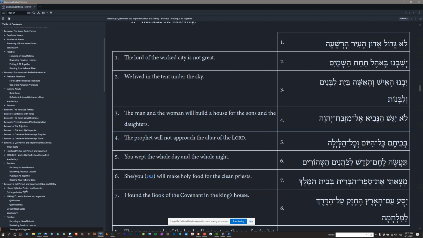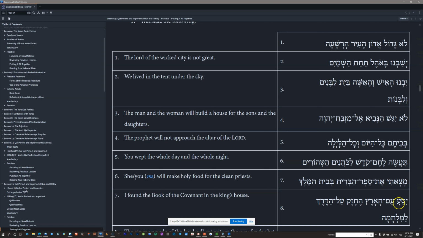Perfect, except I'm suspicious, especially because R1 has a heric, and that is not what I should expect from a cal perfect 3ms. So here, yod heric is the prefix, and what I've lost is the one nun, which has assimilated into R2. So when you see that dagesh right after a prefix, you need to be thinking one nun.